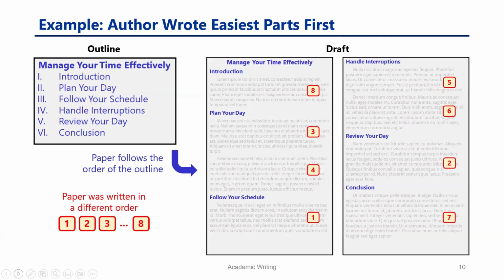Then they wrote plan your day because that was the next most difficult part. Then handle interruptions because that part was pretty difficult. Then they wrote the conclusion because that can be kind of challenging. And then they went back and wrote the introduction. That was the order that worked for them. You can choose whatever order works for you.